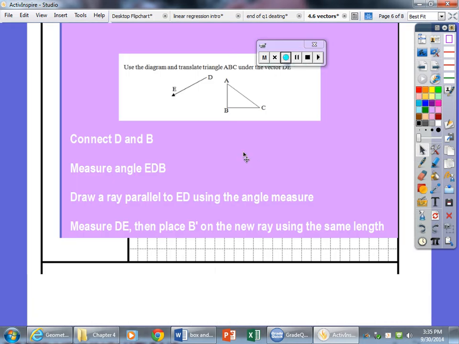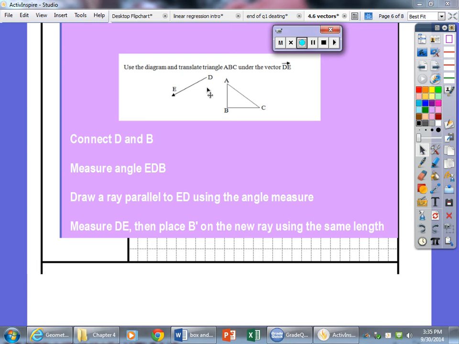Here's a little activity you can try if you want to. You would draw a vector, which this is vector DE, and after you draw vector DE, you would have this triangle here, ABC. So the first thing you would do is connect these two. You would have to measure the angle and measure this other angle so that you could get a parallel line. So that's what we're doing here, is we're trying to get a parallel line.